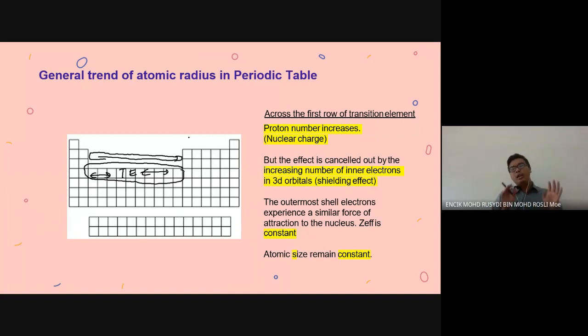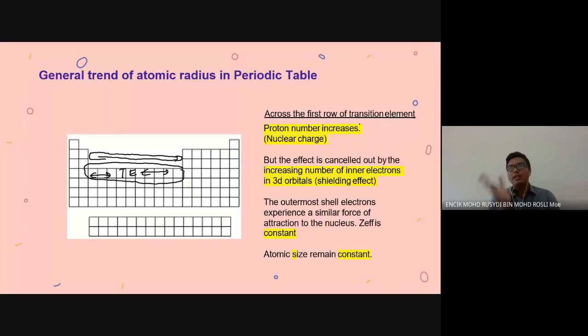Okay, this time the explanation across the period is not applicable for the elements in the first row of transition elements. Okay. So why is that? Because of this. From the first element of the transition elements until zinc at the end here, what happens is that the proton number increases.